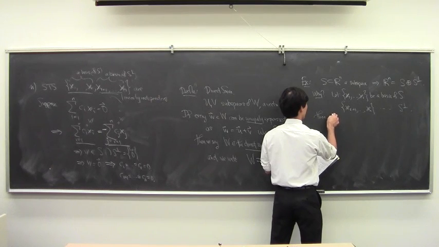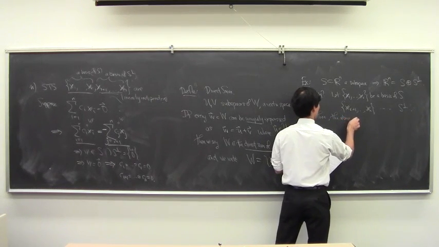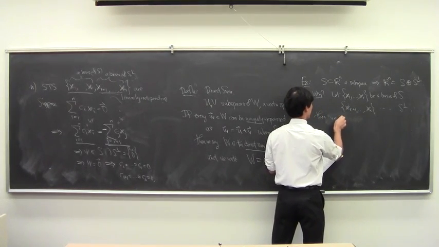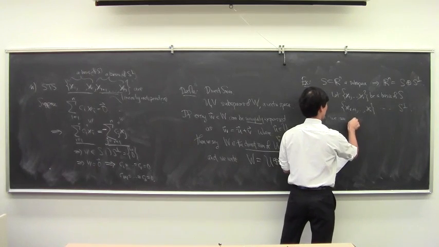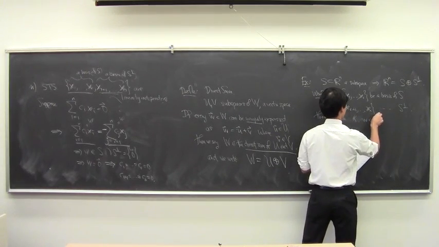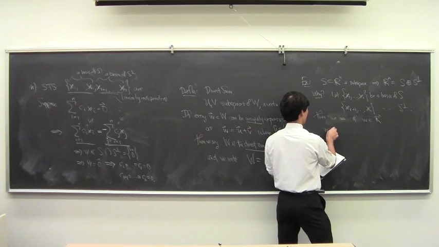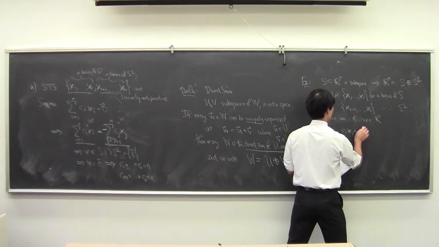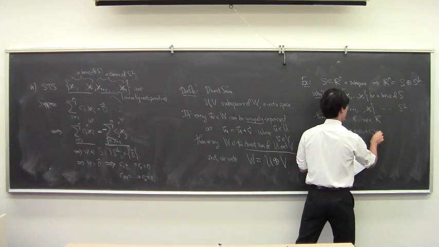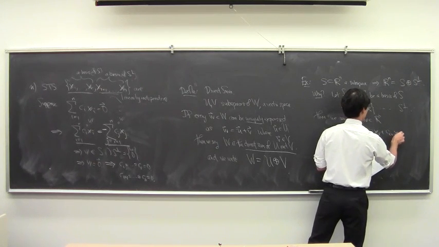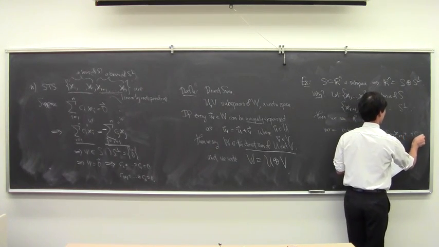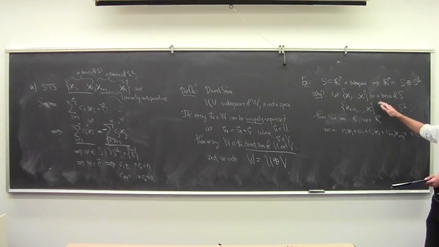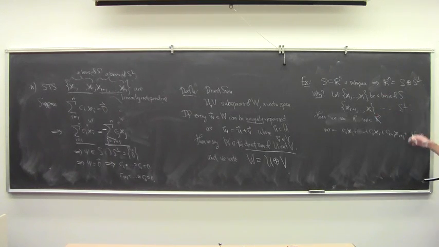Then from the above, we know that if w is in R^n, then w can be expressed as c1 x1 plus ... plus cr xr plus c(r+1) x(r+1) plus ... plus cn xn. Right. The union of these bases is going to be a basis for the whole space.